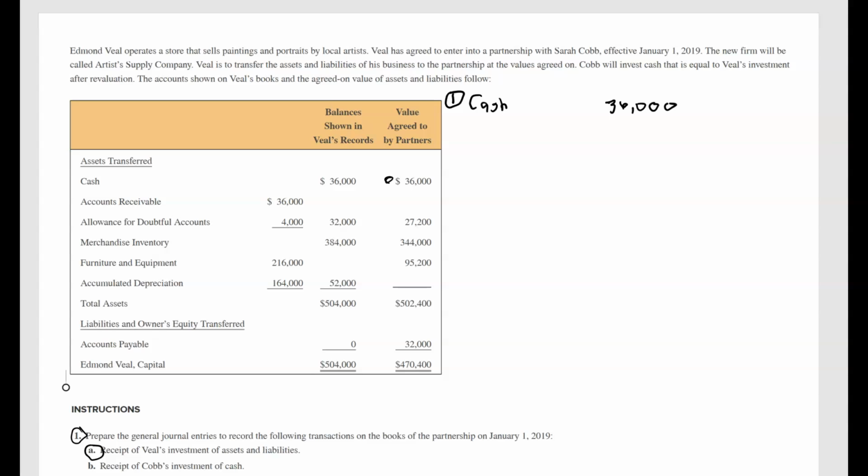And then a debit to accounts receivable for $36,000. Next is inventory. Inventory is valued at $344.